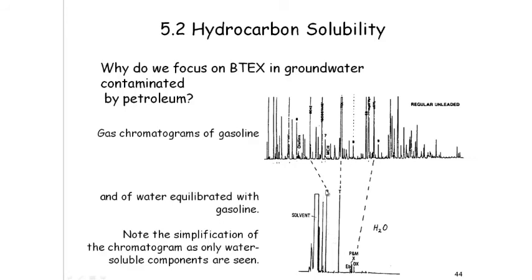The main peaks are labeled here: benzene, toluene, ethylbenzene, and xylenes. So you can see that the process of dissolving the NAPL into water creates a much simpler mixture, a mixture that hydrogeologists can likely deal with. So BTEX has really become the focus of gasoline contamination monitoring.